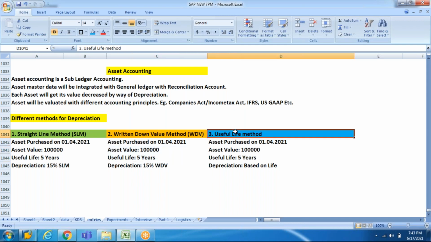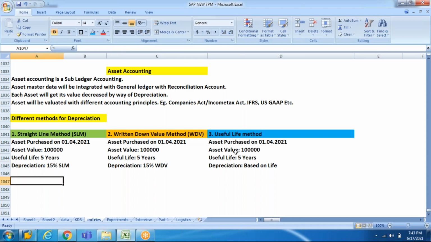In the third one, same values, we are going to depreciate based on the useful life. Now let's see how the values will get calculated. Alright, so this is the basic calculation so that we will revise how depreciation is calculated, so that it will be easy for us to understand from an SAP point of view, and it will be very easy for you to connect from accounting to SAP.